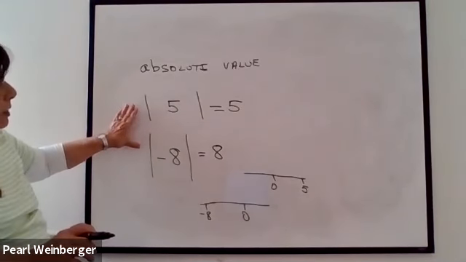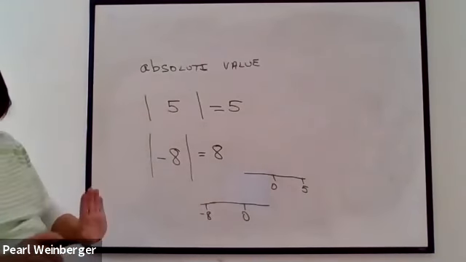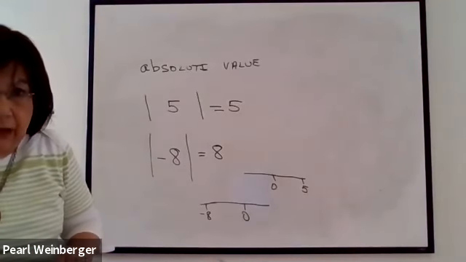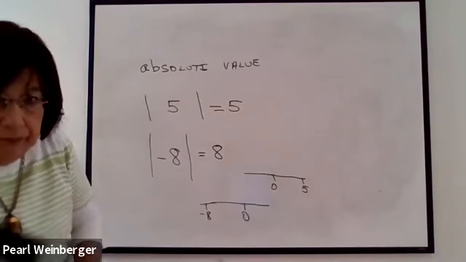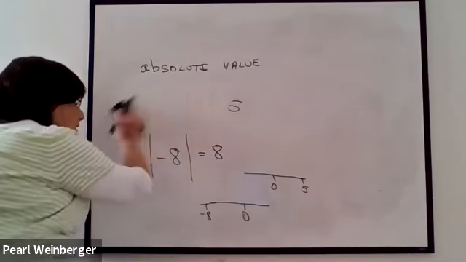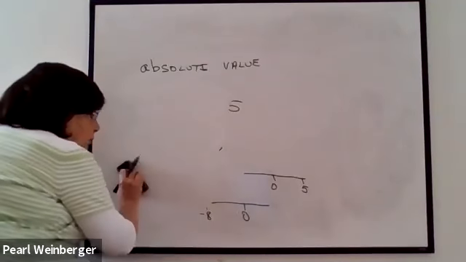Okay. What we're going to look at is how do we solve an equation that has an absolute value sign in it. So let's look at this. I'm going to take a very simple equation.